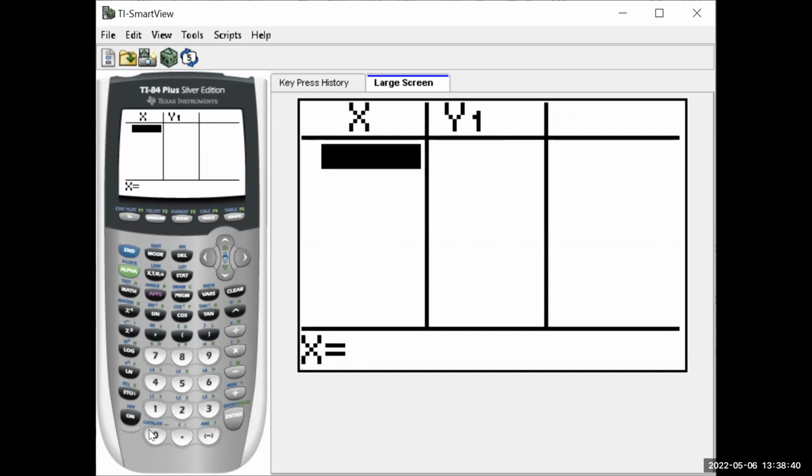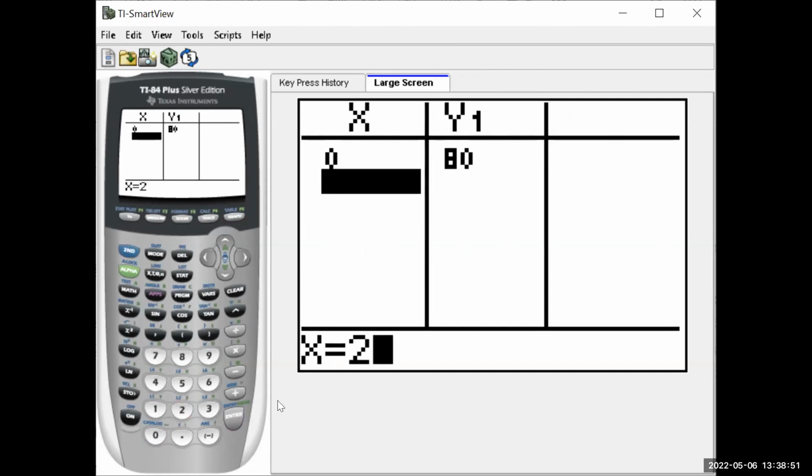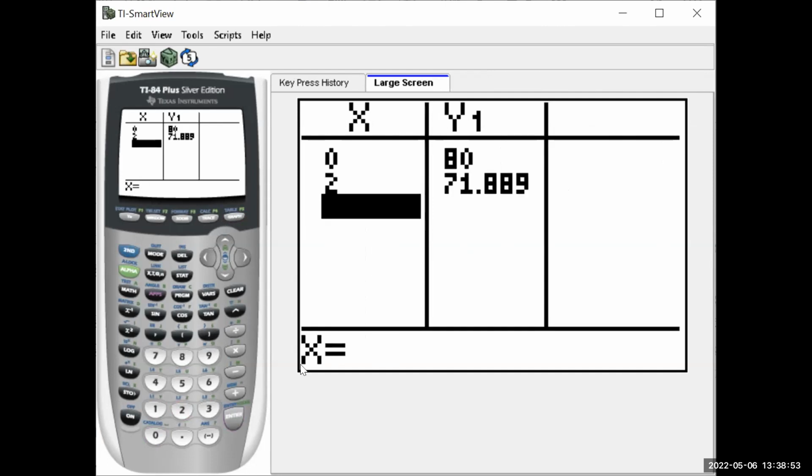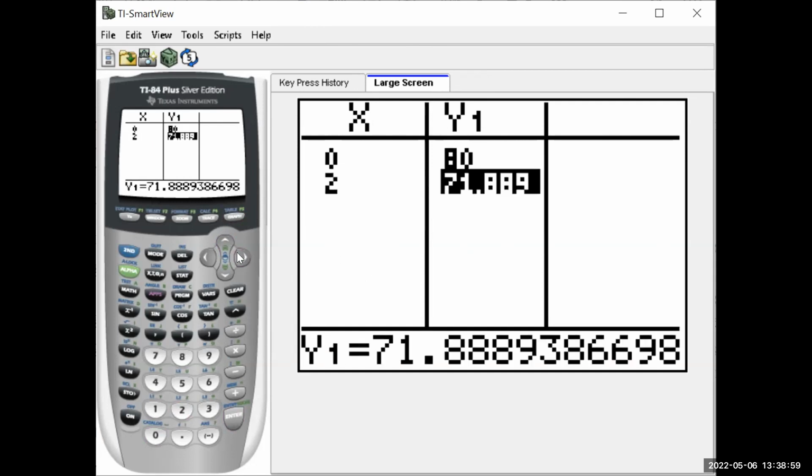And the first number I plugged in was 0. When I plug in 0, the answer better be 80. Yep, average is 80. And then if I plug in 2 months, t equals 2. So instead of doing it by hand, the average score is 71.888938, and then round to the nearest 10th or 100th, whatever they want you to round to.